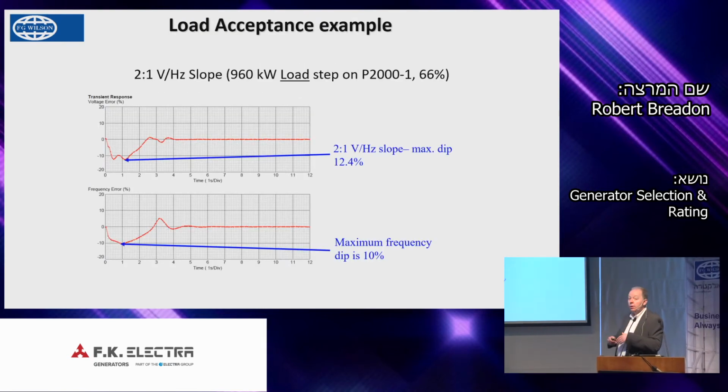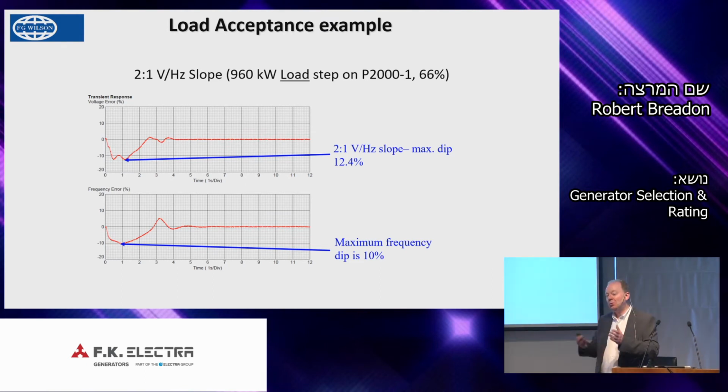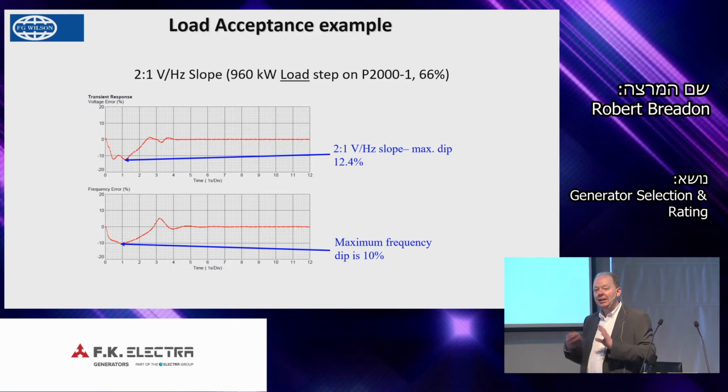Again, I don't know if you've ever been at witness tests, but the only time the genset in many instances will see this type of operation and testing is at a witness test. In the real world, it is probably never required to accept anything like this type of load.